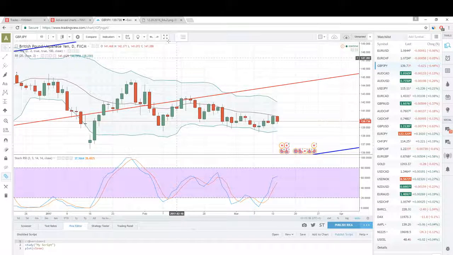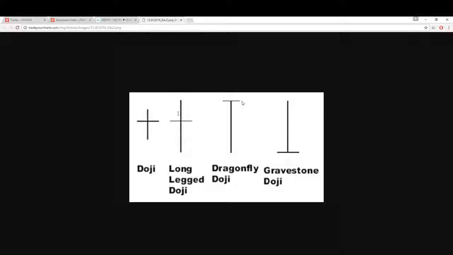Also, as part of the doji family, we have two other patterns of the market. That's the gravestone and dragonfly.